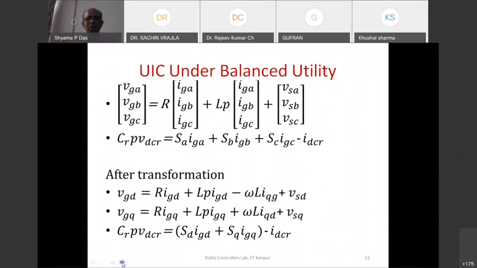And because of the transformation, we get the speed term here. Similarly, the capacitor voltage equation is also transformed. We get the derivative of the capacitor voltage, that is the capacitive current, and SA, SB, SC are the 3-phase switching functions, which we can transform into SD and SQ in DQ variables. So this is how we transform the original ABC equations into DQ equations.